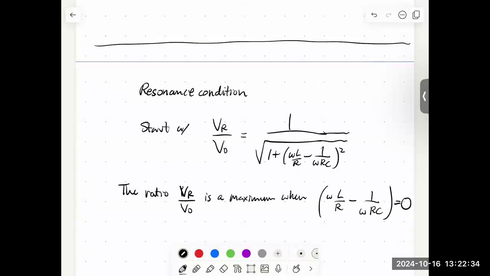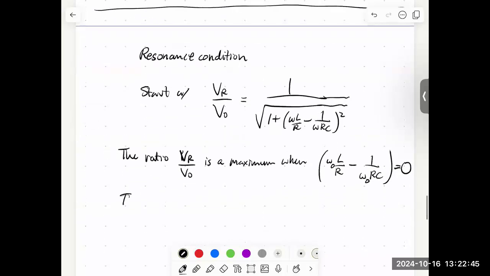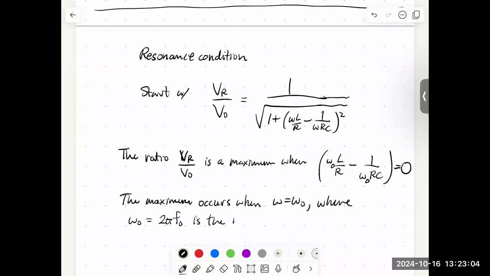I'm going to say the frequency at which this happens is a special frequency, and I'm going to label that special frequency omega naught. So the maximum occurs when omega equals omega naught, where omega naught is 2 pi f naught, the resonance frequency.